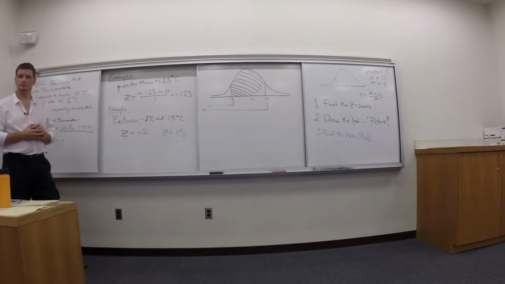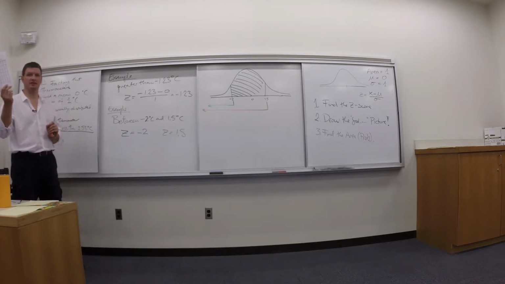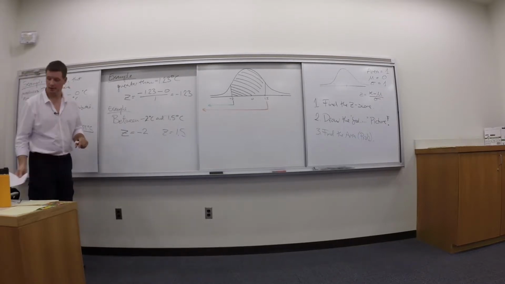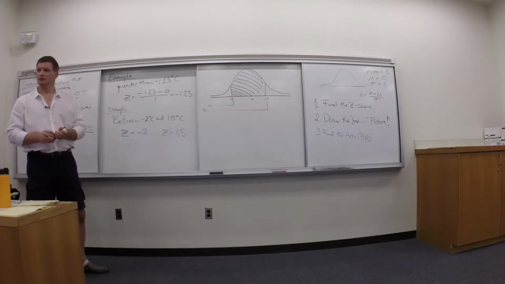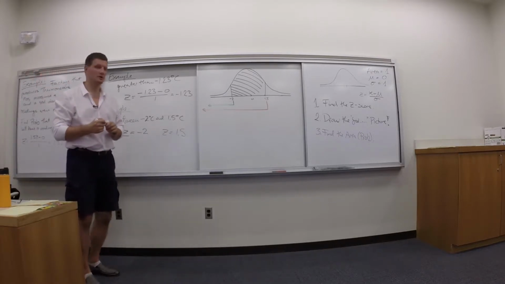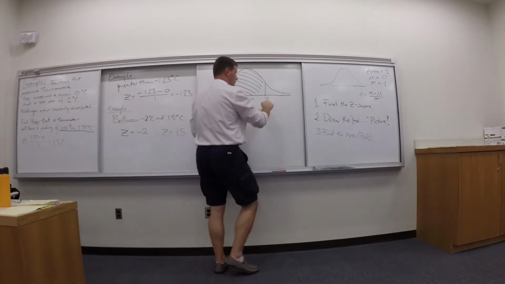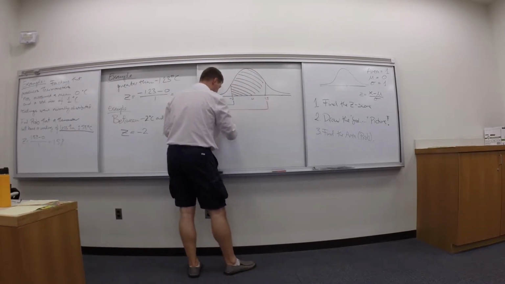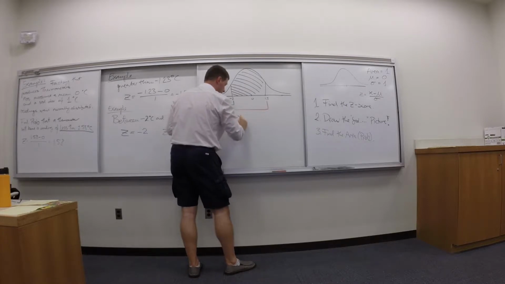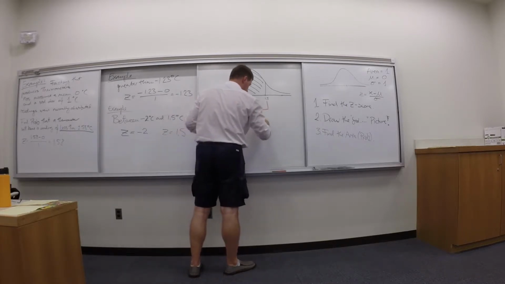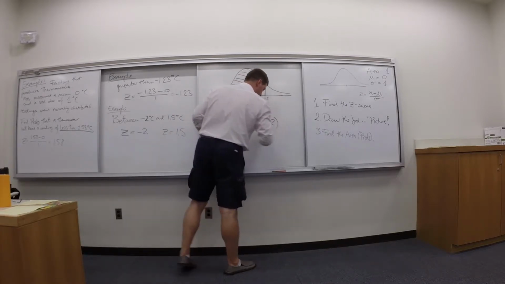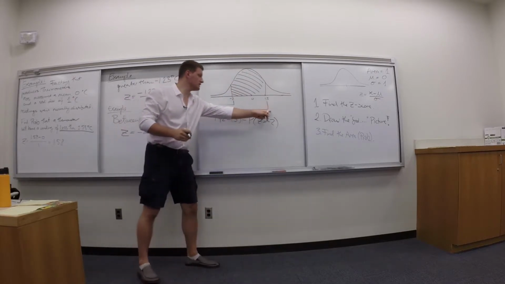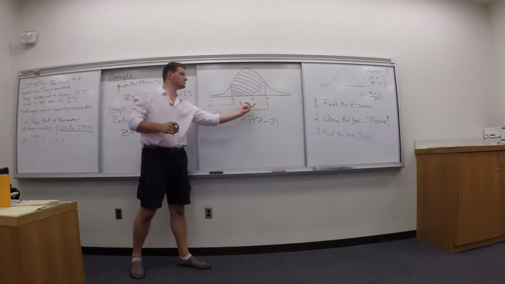You cannot measure it directly. This table gives you negative infinity to your z-score. Yes, subtraction. So I get the probability of the z-score equal to 1.5 minus the probability for a z-score at negative 2. This minus this gives me this piece.